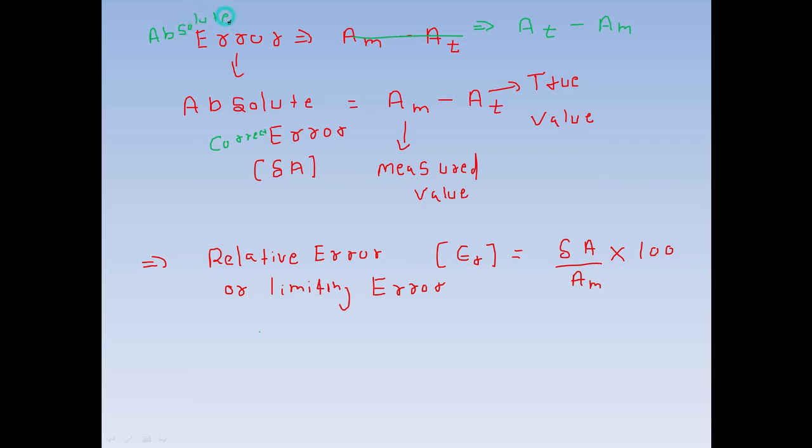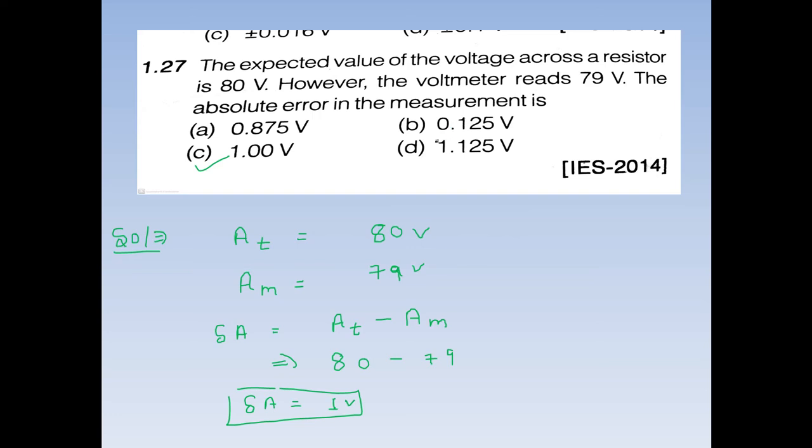Absolute error is true minus measured value, whereas absolute correction is measured minus true value. So 80 minus 79, the value is 1 volt, which is the required answer for this particular problem.